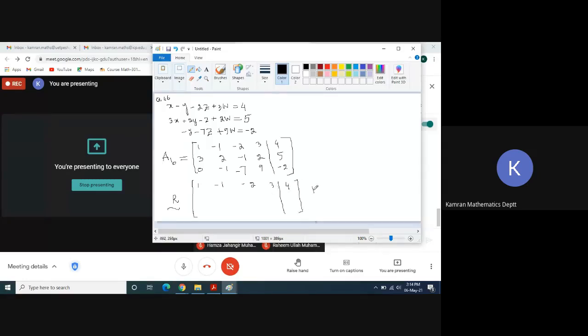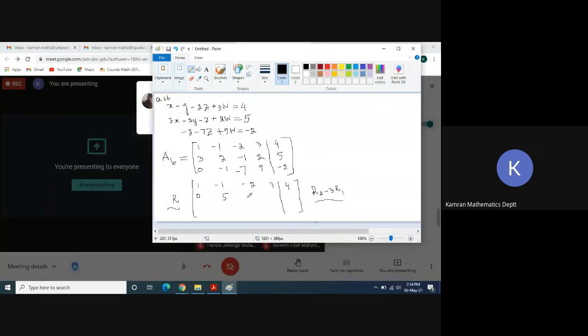The row operation is row 2 minus 3 times row 1. So 3 minus 3 is 0. 2 plus 3 is 5. Minus 1 plus 6 is 5.